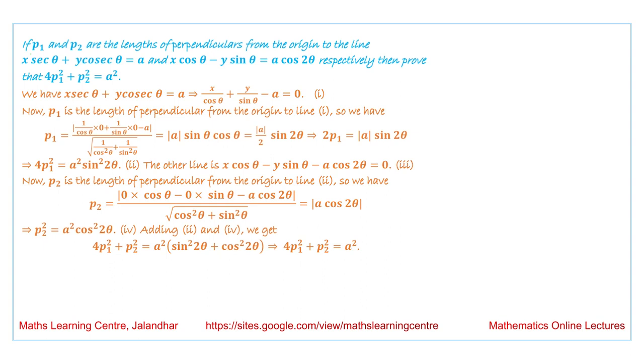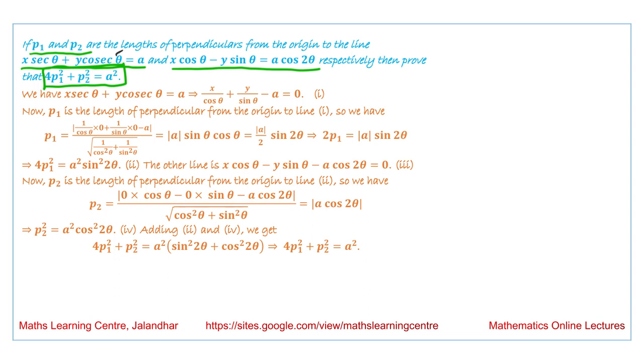Next is, if P1 and P2 are the lengths of perpendicular from the origin to the lines whose equations are given, these are the two equations given, we have to prove that 4 times P1 square plus P2 square is equal to A square. So we calculate the distance in both the cases.